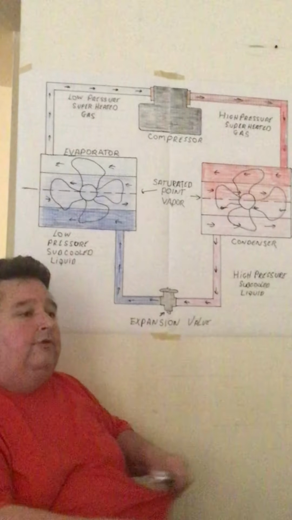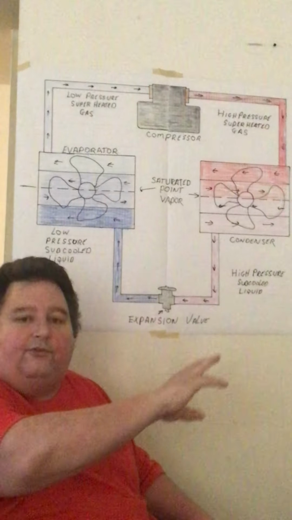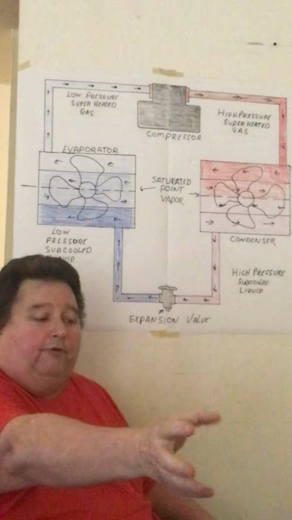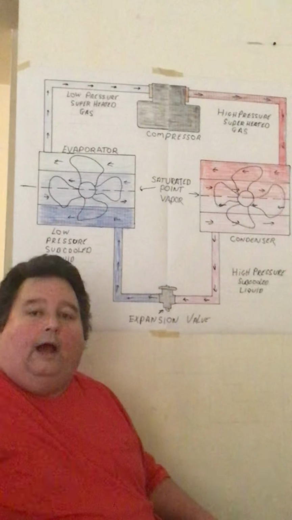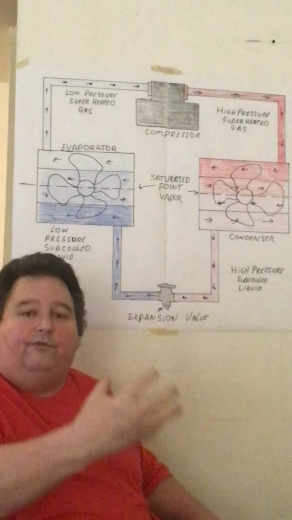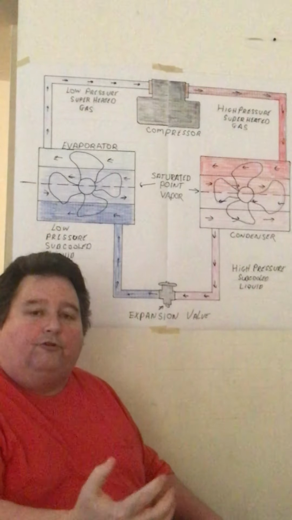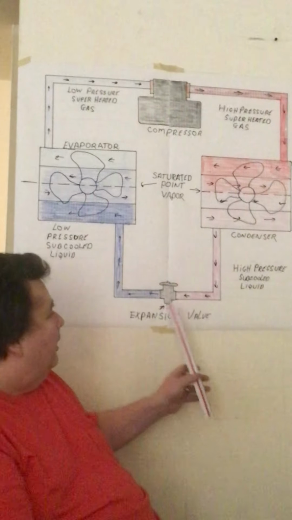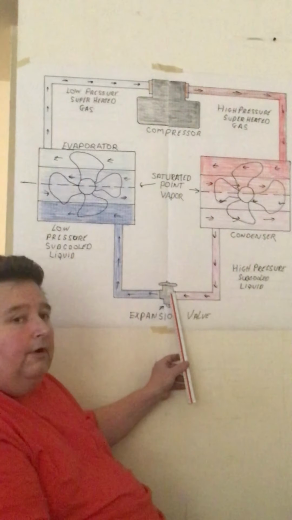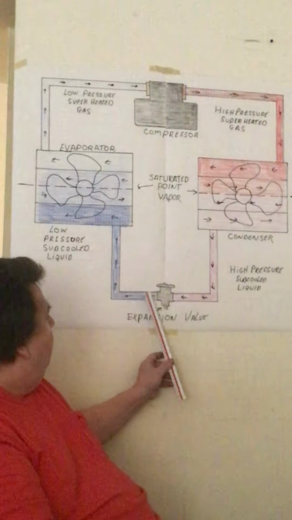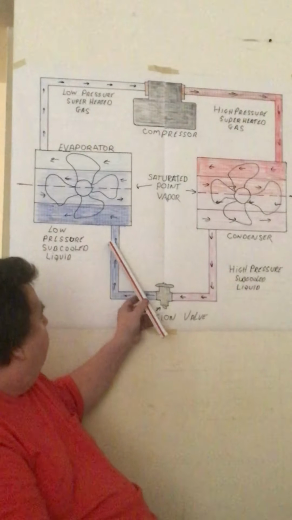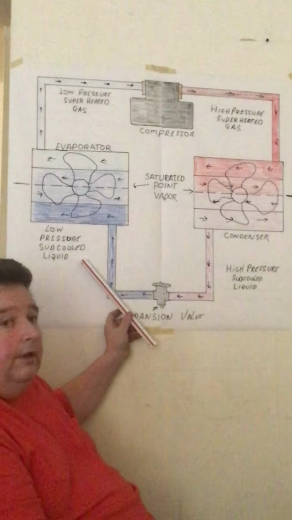The evaporator is where all the cool refrigerant is that makes your refrigerator box cold or your house cool. That's what gives the cooling power of the refrigeration or the air conditioner. It's all done with this little valve here. This is all low pressure, low temperature, but still a liquid.